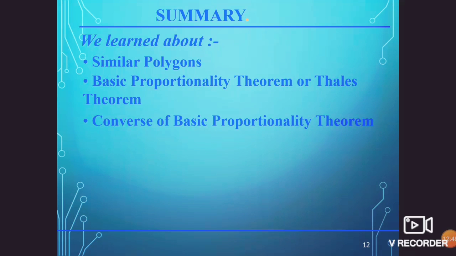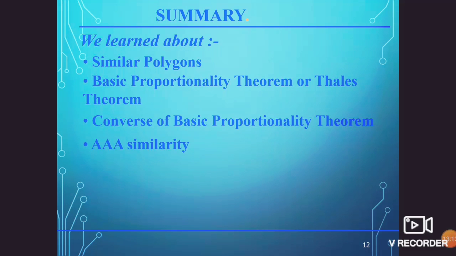The basic proportionality theorem said that if we draw a line parallel to the base of the triangle, then it will divide the other two sides in equal ratio. And the converse says that if we draw a line which divides the sides of a triangle in equal ratio, then that line will be parallel to the base of the triangle.